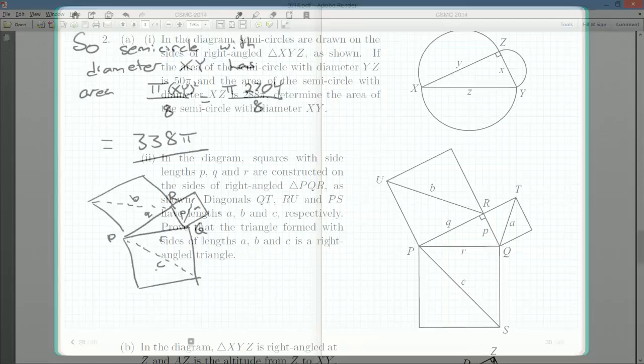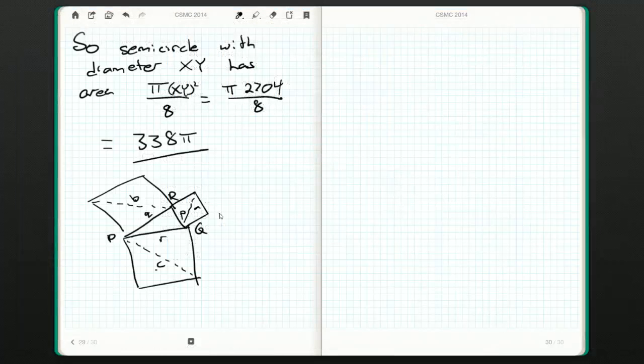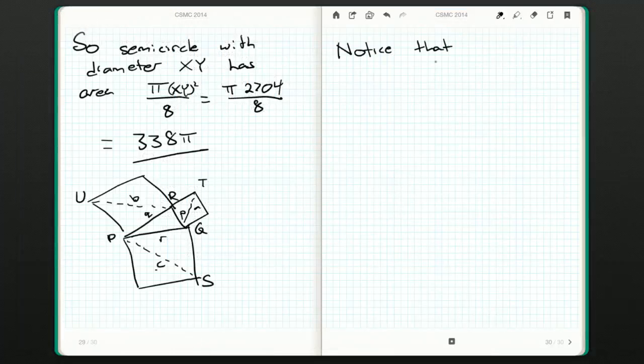I know it's STU. I just don't know where they were. So QT, RU, and PS. So STU, counterclockwise. Okay. Well, notice we have a bunch of right-angled triangles here.